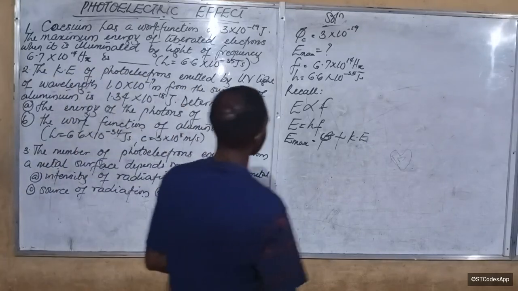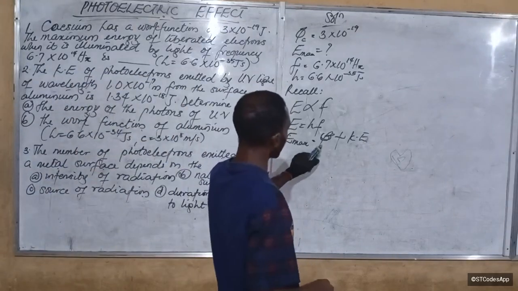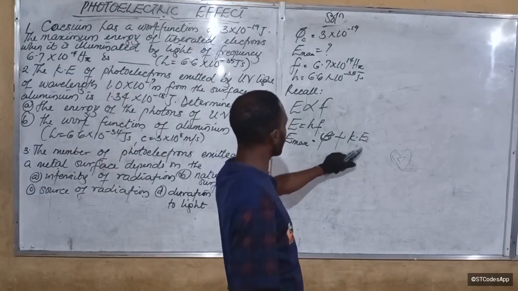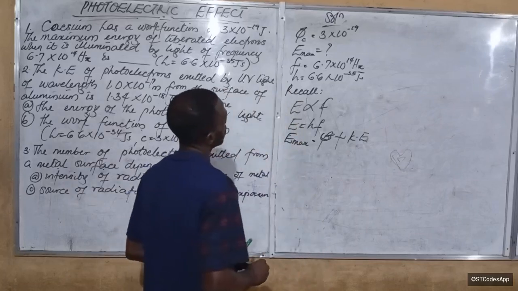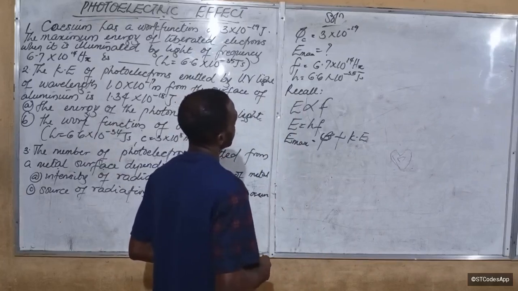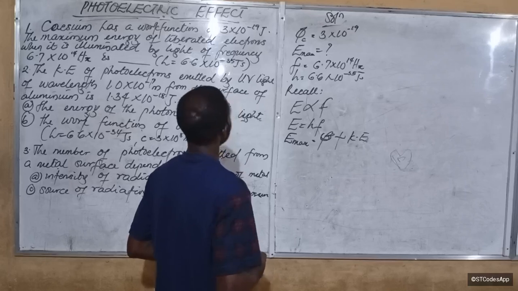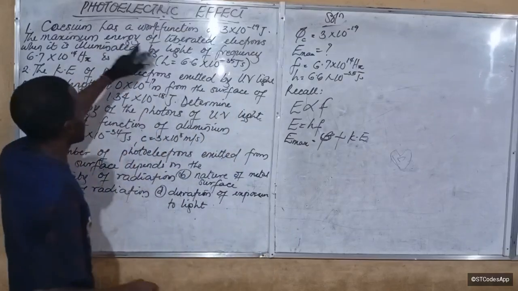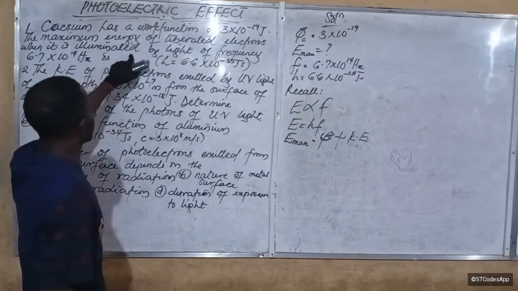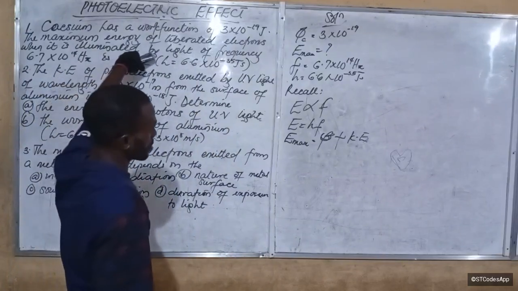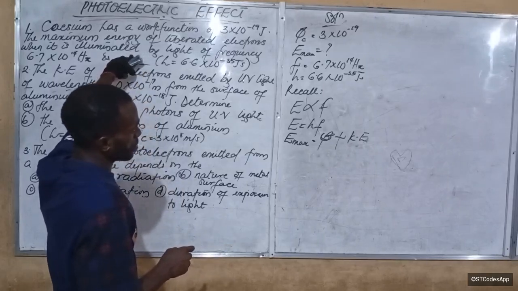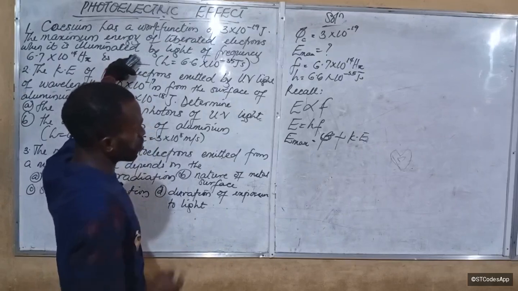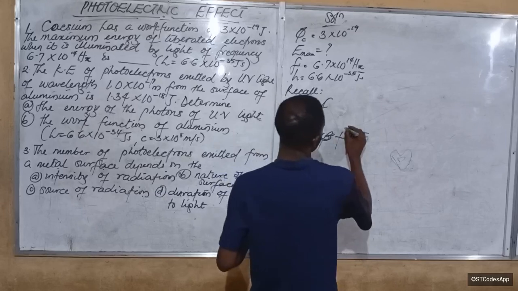So we have that Emax is going to be the work function plus KE. The maximum energy of the liberated electrons when it is illuminated by light is going to be... first, we don't even know the kinetic energy.